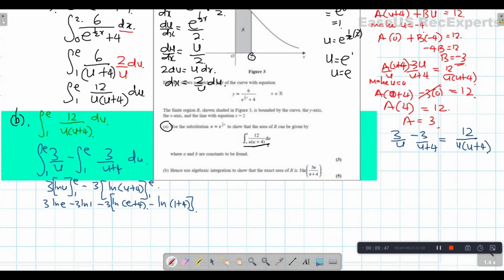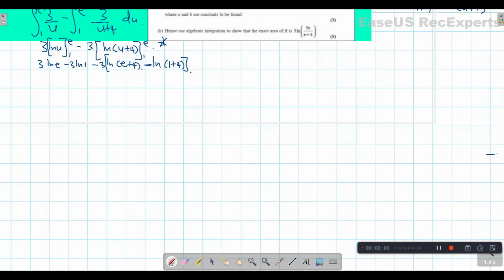Okay, so this one, 3 ln e, and this is 0, I'm going to discard that. Now remember, minus 3 times ln e, so you get negative 3 ln e. So this is 3 ln e minus 3 ln 1 minus 3 ln e plus 4 minus ln 5.